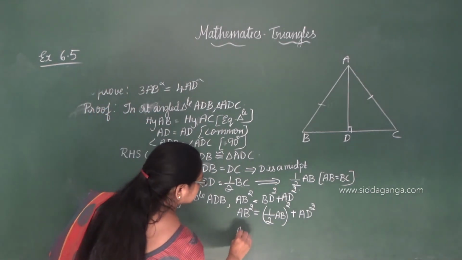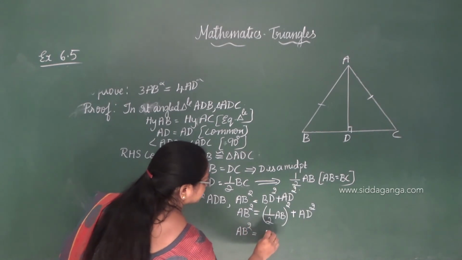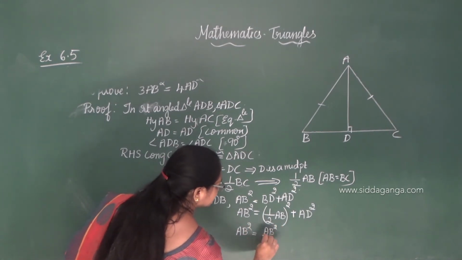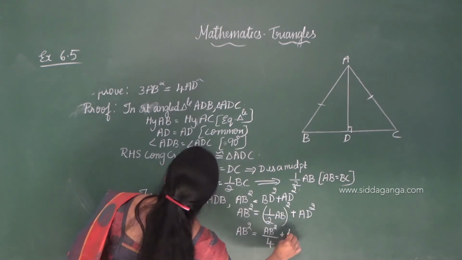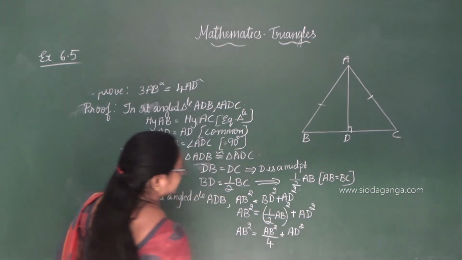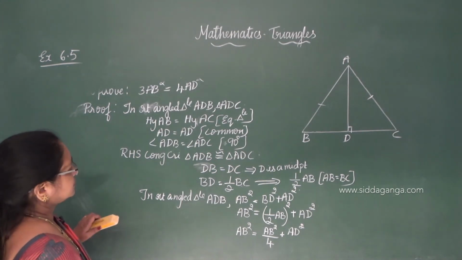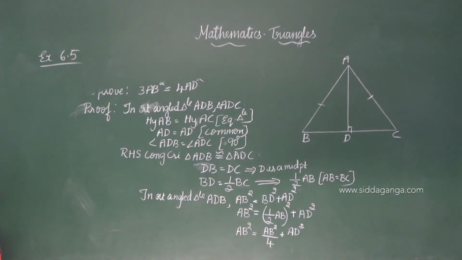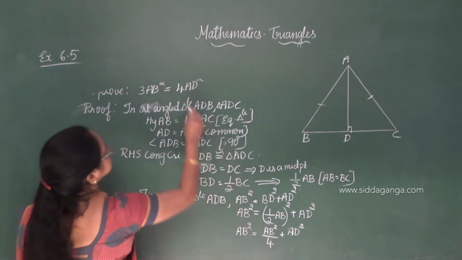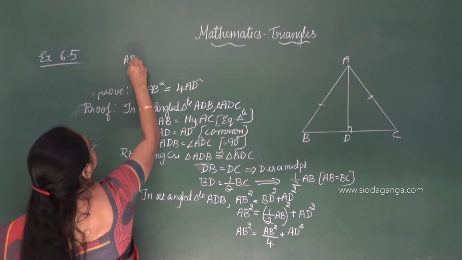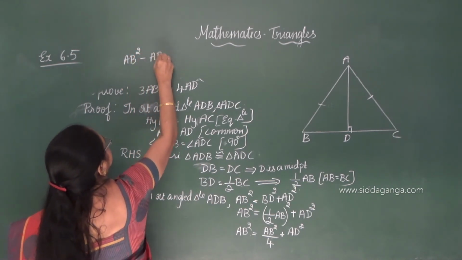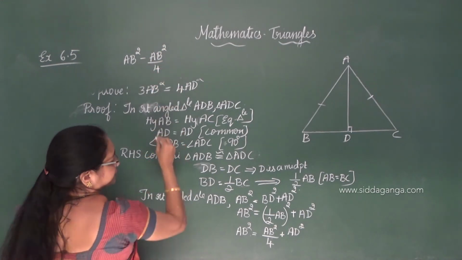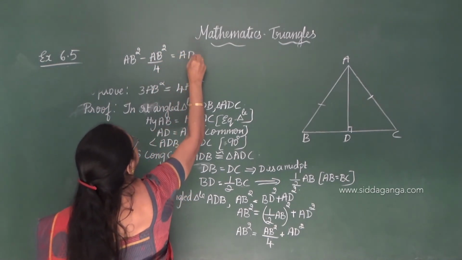Now AB square is equal to AB square by 4 plus AD square. So I will just transpose. So you will get AB square minus AB square by 4 is equal to AD square.